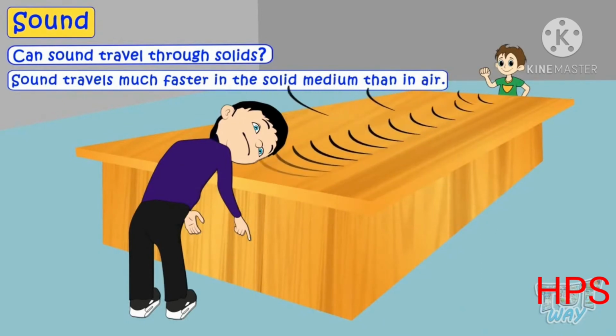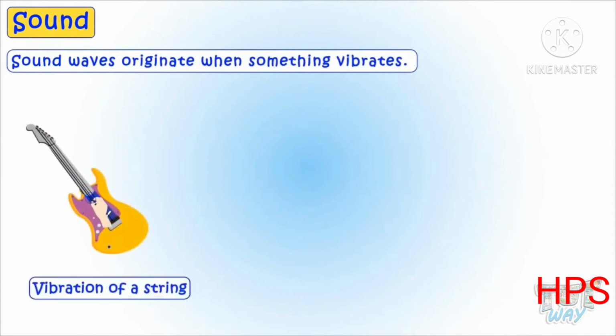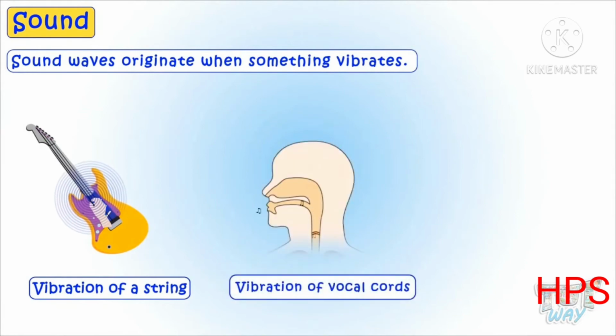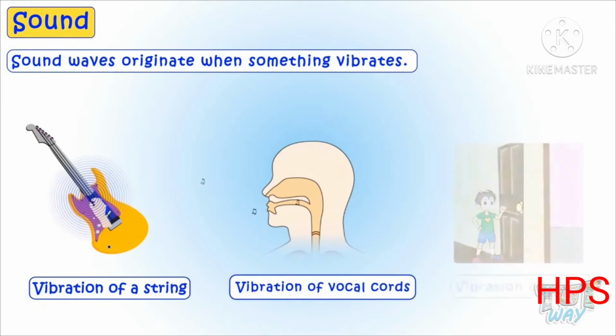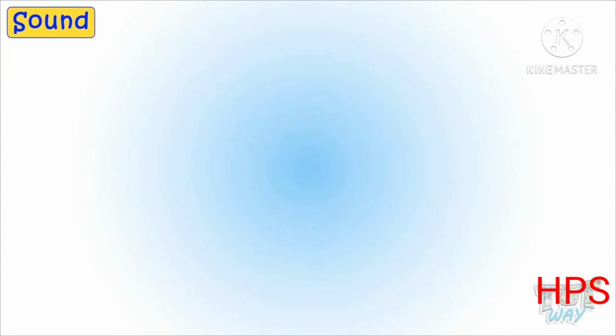Friends, till now we learnt that waves originate when something vibrates, like vibration of a string of a guitar when it is plucked, vibration of our vocal cords when we sing or speak, vibration of a door when someone knocks it. Every sound wave originates when something vibrates. Now let's see how this sound wave propagates or moves.